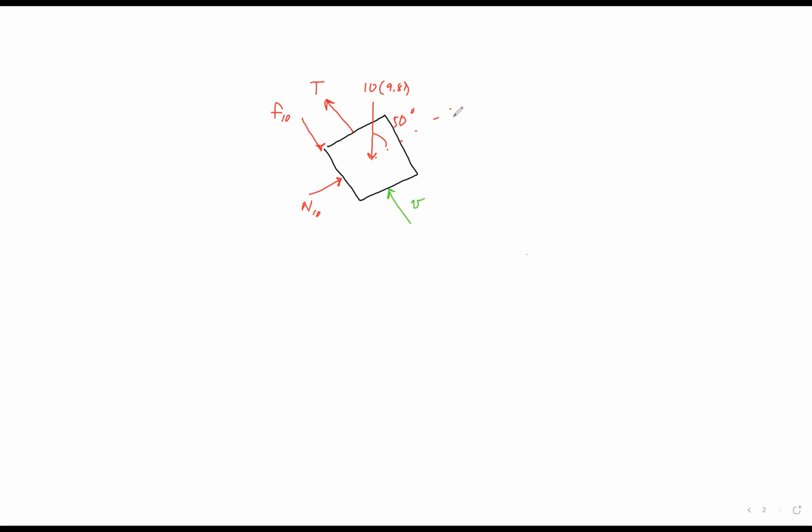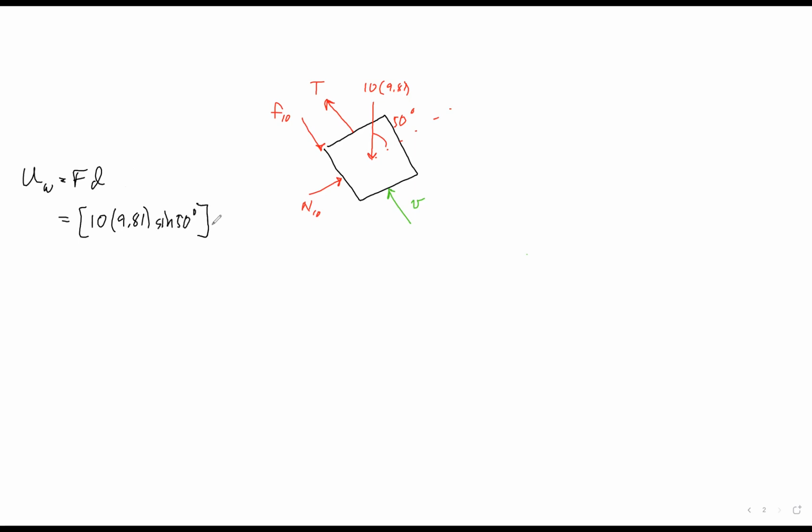All right, now, the work done by the weight is the component of the weight that is parallel to the ramp, so we can go straight to the equation. The work done by the weight is the force of the weight times the distance traveled. So what is that force? Well, it is going to be the 10 kilograms times acceleration due to gravity times the sine of 50 degrees.